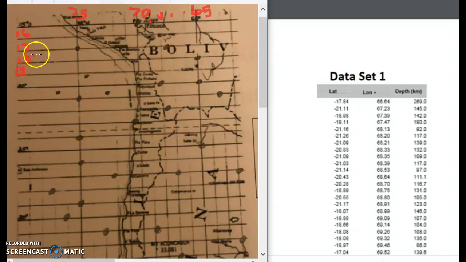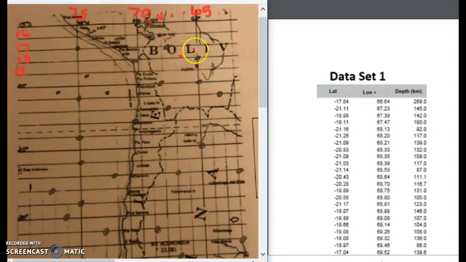So we come from 18 across to 66, and it wasn't quite to 18, and it's a little bit more than 66. It's actually 66.6, so it's halfway in between, and then up just a little bit. So your dot would be right around in there. That would be where your first dot is.